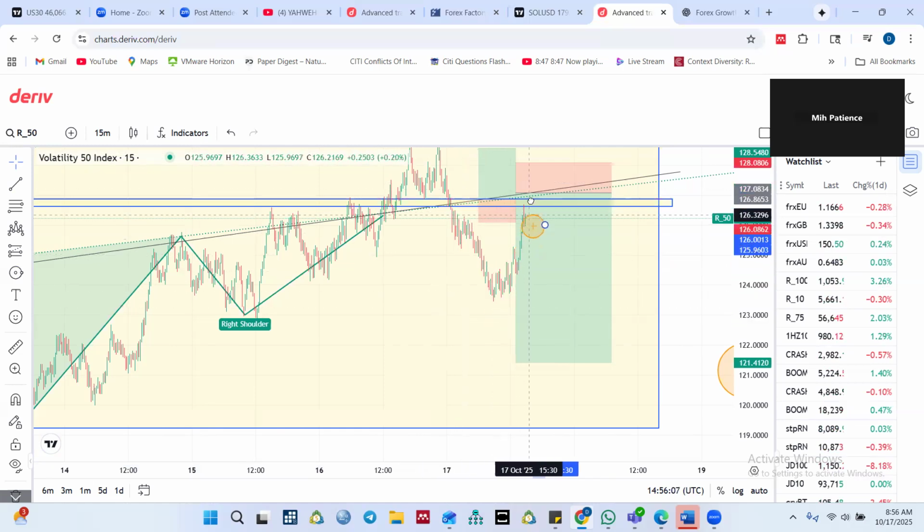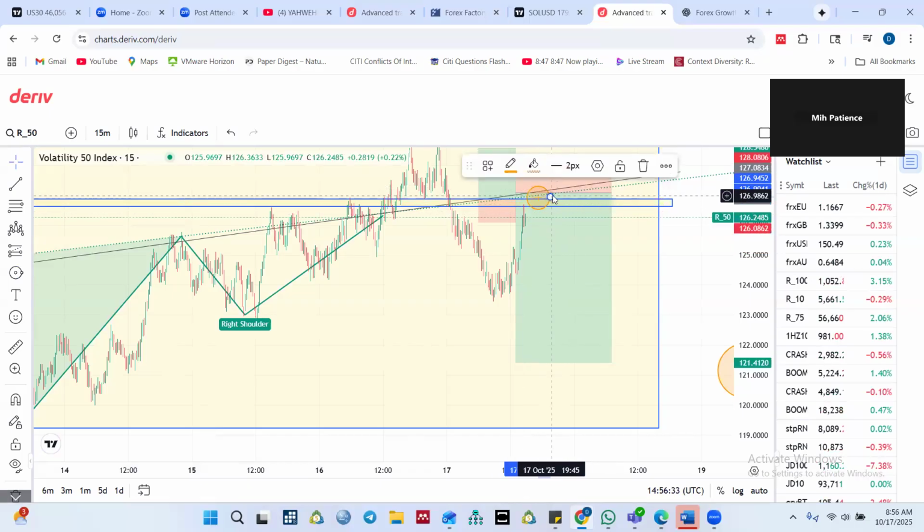So if we close above this horizontal resistance and the diagonal resistance, we are likely to just retest it or come below it again and then move above it and keep going up. Or we can just hit through above it, drop and close below it, and consistently stay below this area.